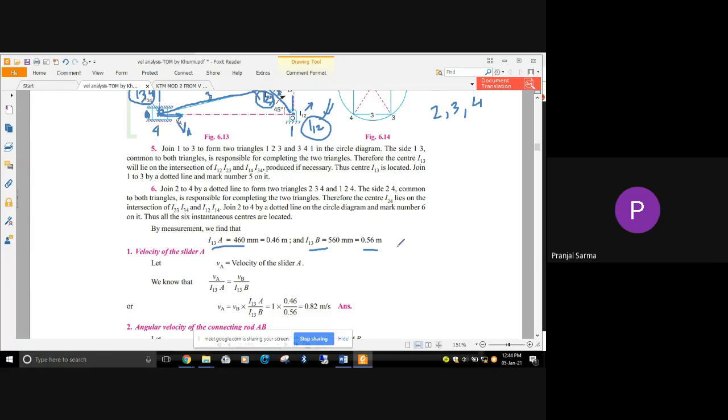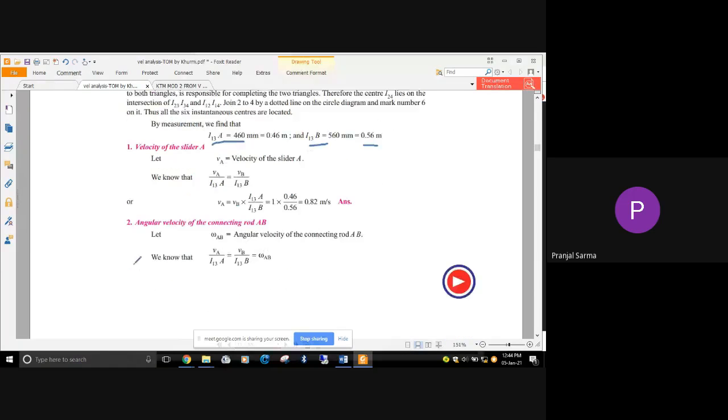Now, up to this much, I believe it should be clear. Now, we have to find out the velocity of slider A. Velocity of slider A means VA. From the instantaneous center method of velocity analysis, VA by I13A.